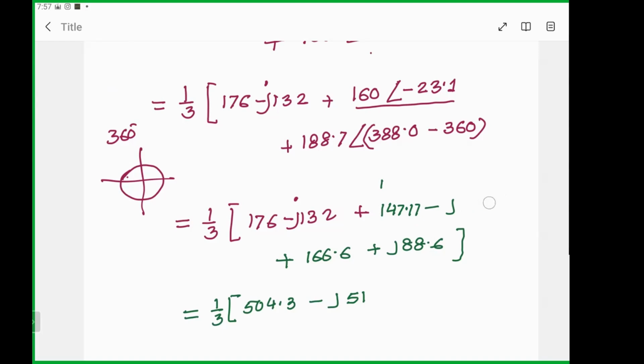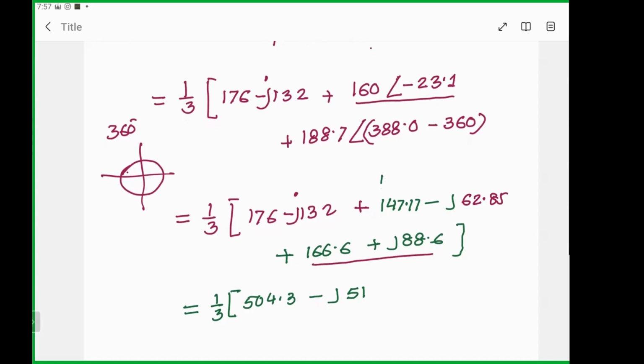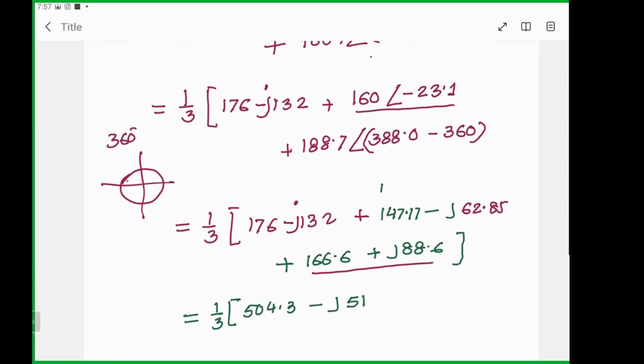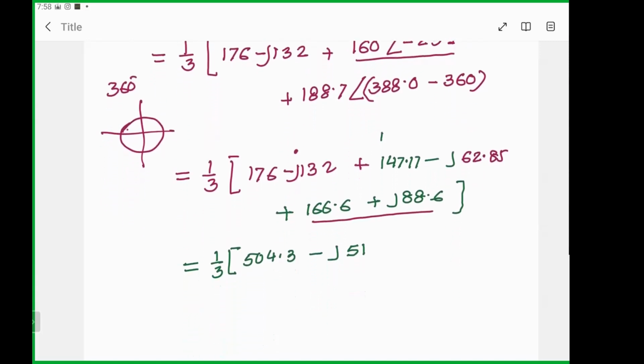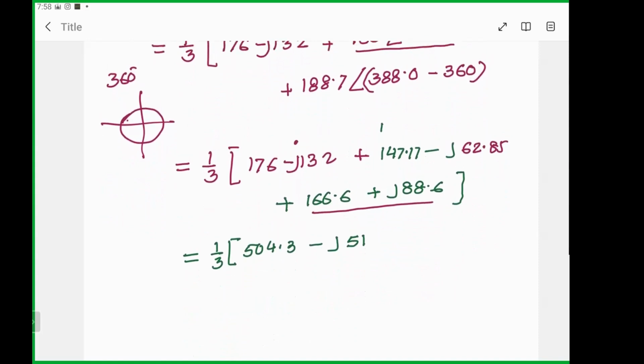Yeah, so this one is correct. I used the wrong function there. So I think this one is fine. The next one is correct. Yeah, I believe so. I got the same answers for that next part.